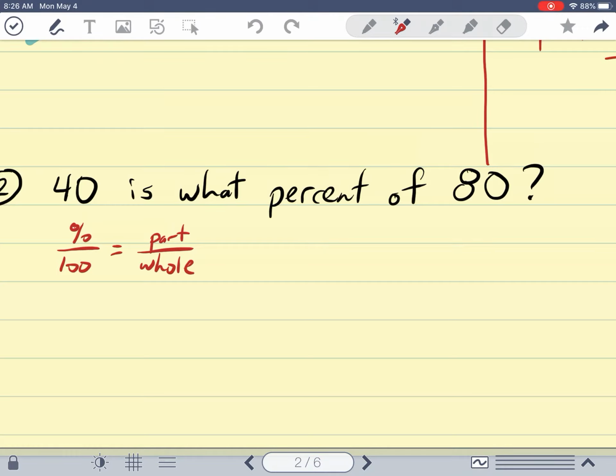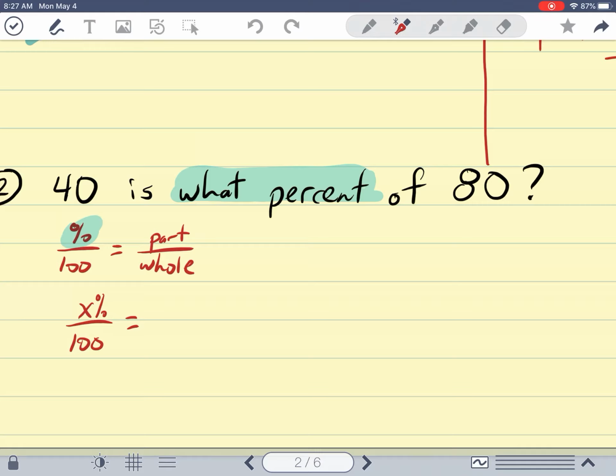Glad you're with me. Now we're trying to find, because the question says what percent? 40 is what percent? So that is our unknown value. And so we'll say x over 100, it's actually x percent over 100, is equal to part over whole.